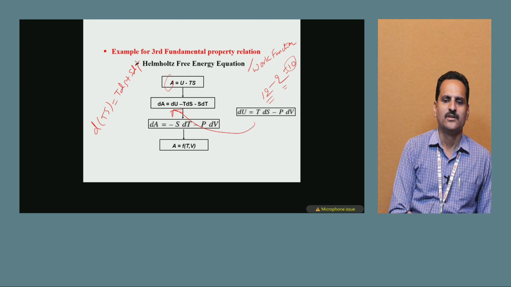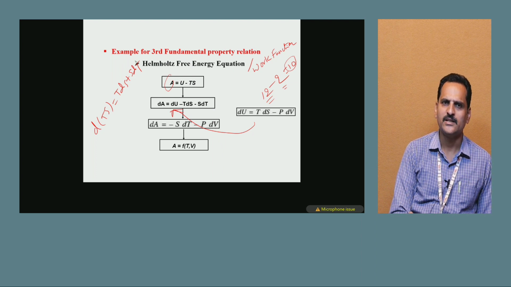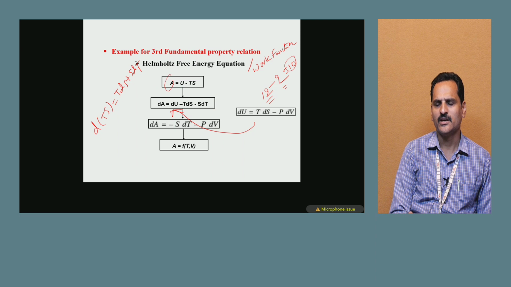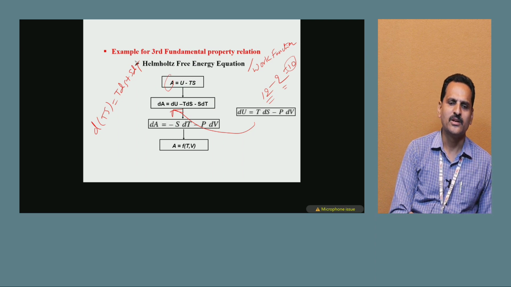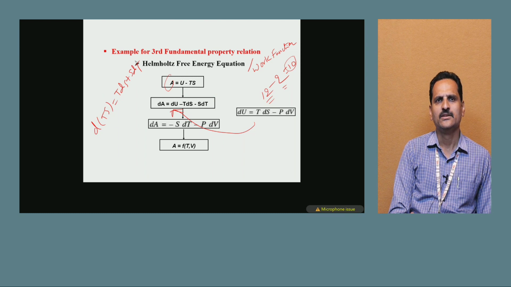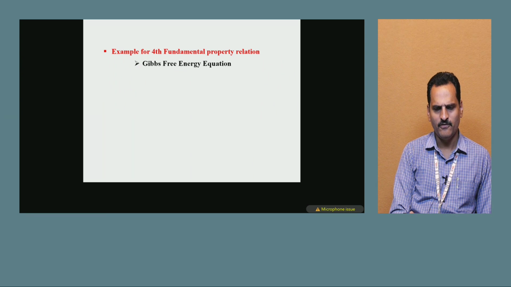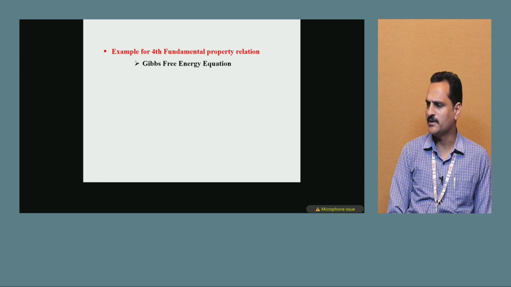So the Helmholtz free energy or work function highly depends upon the canonical variables of temperature and volume. That means if we know the temperature and volume at a constant entropy and pressure, we can estimate unmeasurable quantities such as the work function. Okay, similarly in the same way, let's go for the fourth fundamental property equation.